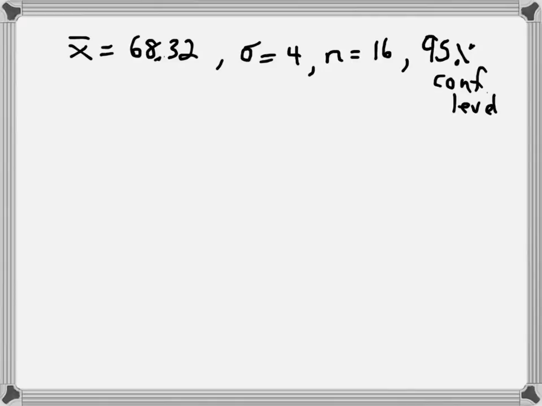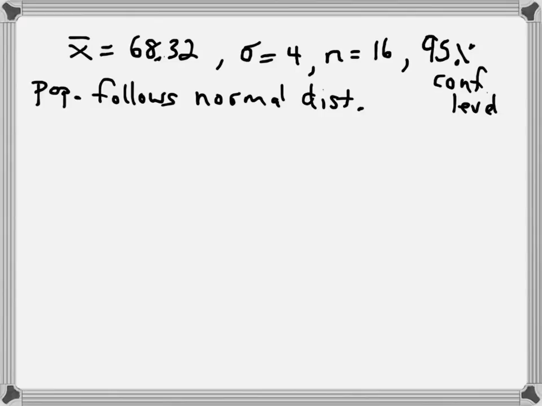Now, here's the theory behind this. Since in this case, let's put that in right now, the population follows a normal distribution. That is, the heights of JSerra students, perfectly reasonable to assume that it follows a normal distribution, but we need to be told to do that.